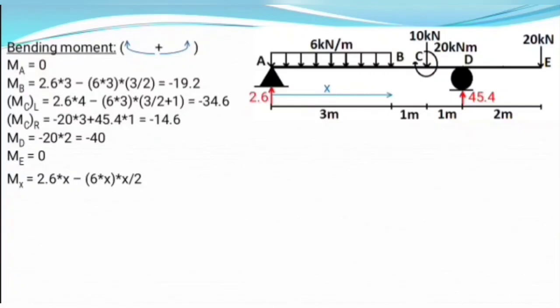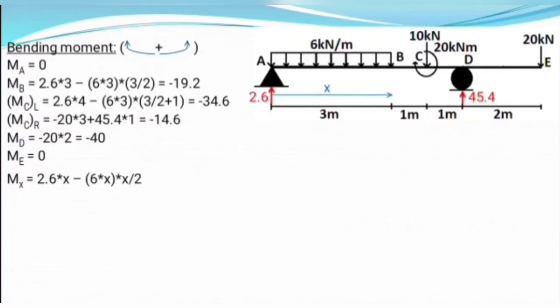Here the point force of 2.6 kilonewton creates a clockwise moment of 2.6 times x at that point, just the multiplication of force and distance. Force is 2.6 and distance is x. And the UDL creates anti-clockwise moment, so it is taken as negative.